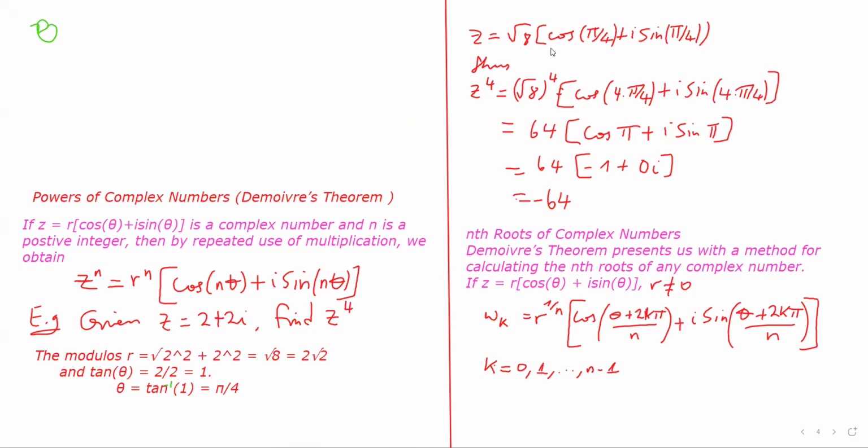So we said if you have z1 over z2, then you have square root of 8 over 4, and then cos of pi over 4 minus 4 pi over 3 plus i sine pi over 4 minus 4 pi over 3.